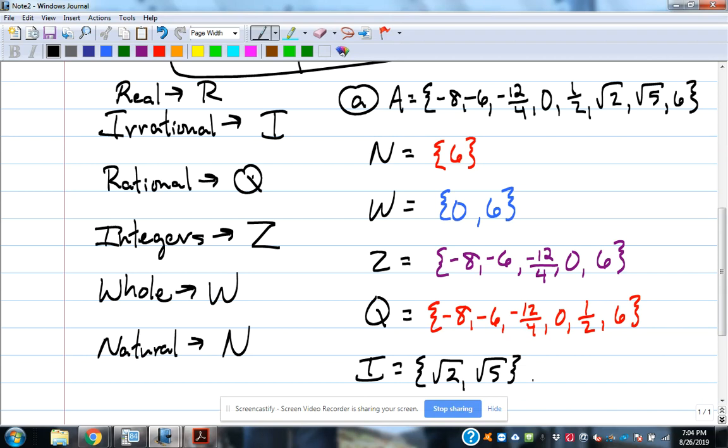Your calculator, if you type that in there, is going to give you all the digits it can. But if you go to Google and type it in there, it's going to give you even more digits. And so square root of 2 and square root of 5 are irrational out of that set. Irrational means you can't write it as a fraction. The decimal never repeats and it never terminates. That's what irrational numbers do. Okay. Not bad. Not bad.